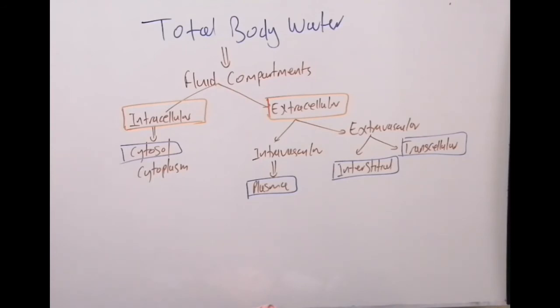So what is transcellular? Transcellular fluid is the fluid that you find in places like, these are the fluids that no one ever talks about when they talk about fluid compartments.